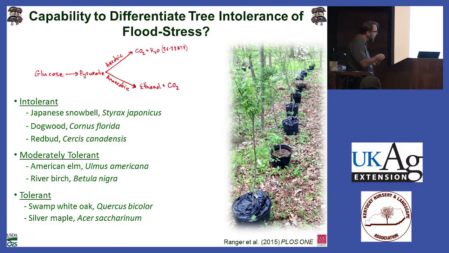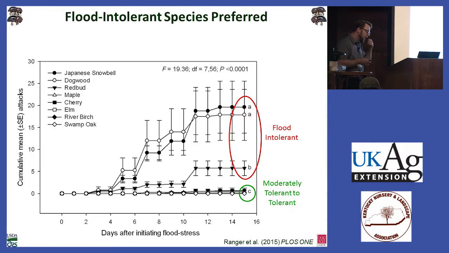So we flooded different species of trees that were either tolerant or intolerant, and also had trees that were not flooded, and let beetles make a choice on which ones to attack. The slide's a little busy, I apologize for that, but basically these are the number of attacks on the y-axis.